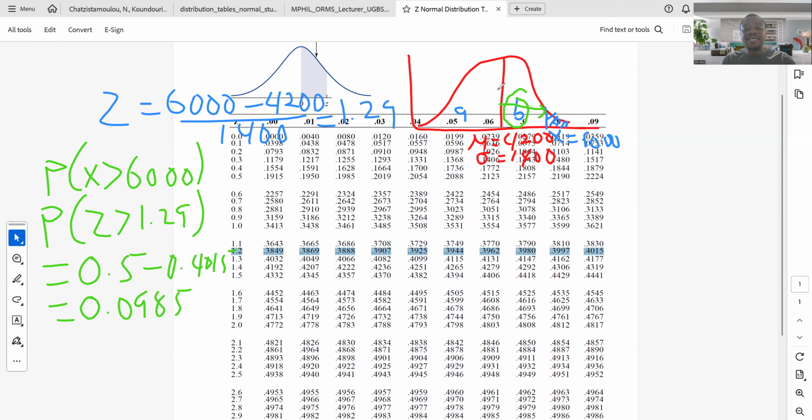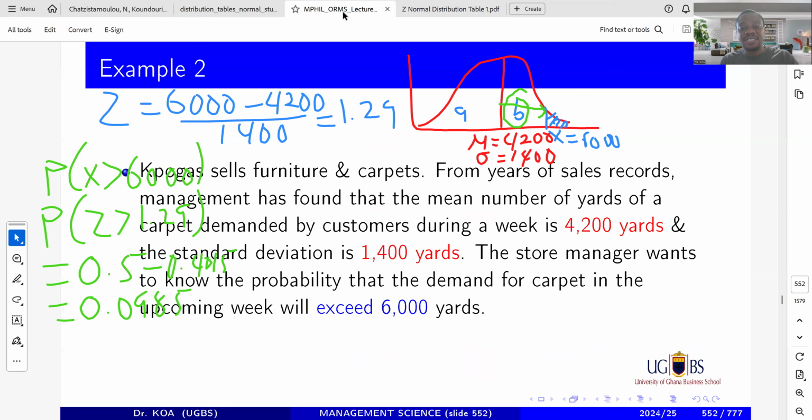So now you have to speak about it in English. You have to talk in English, grammar. What was the question? What this means is that the probability that demand for carpet will exceed 6,000 yards is very slim. The chances, the likelihood, the probability is very, very tiny. It is 9.85%.